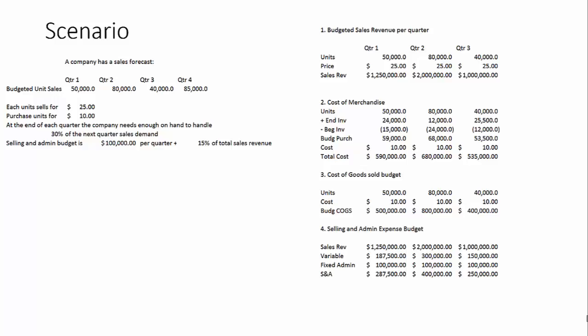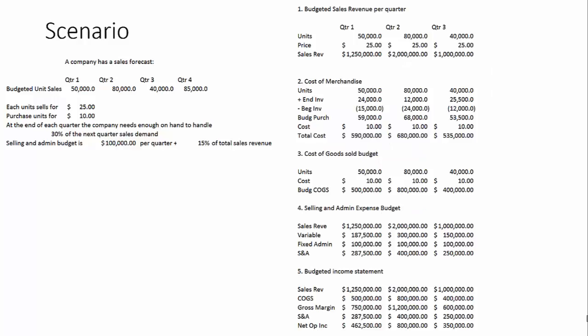That would be the variable portion of our selling and admin budget. Then we also have fixed admin of $100,000. So the total selling and admin budget for quarter 1 is the $187,500 plus the $100,000 fixed portion, which gives us $287,500. And then you go through the same calculations for quarter 2 and quarter 3.